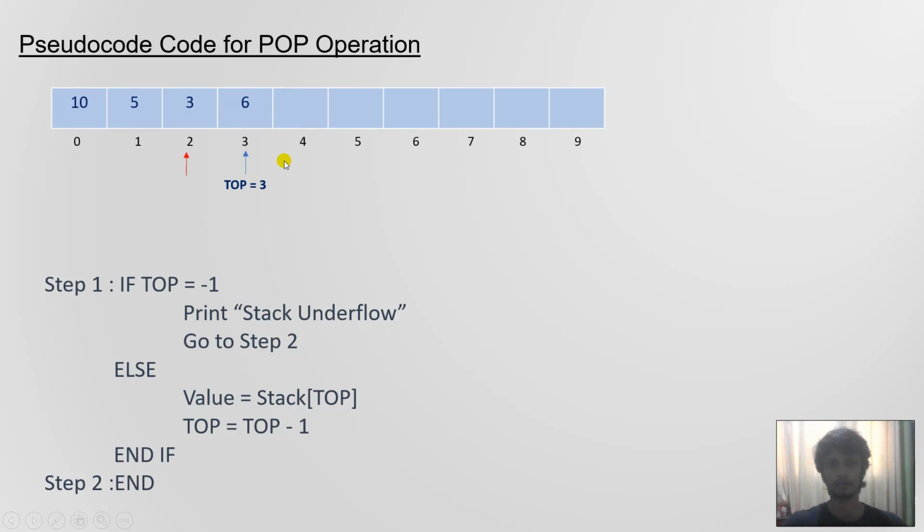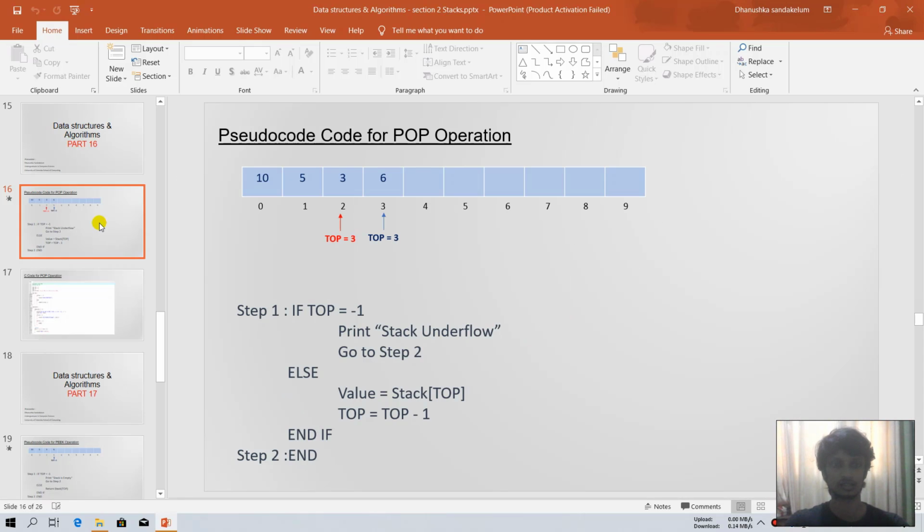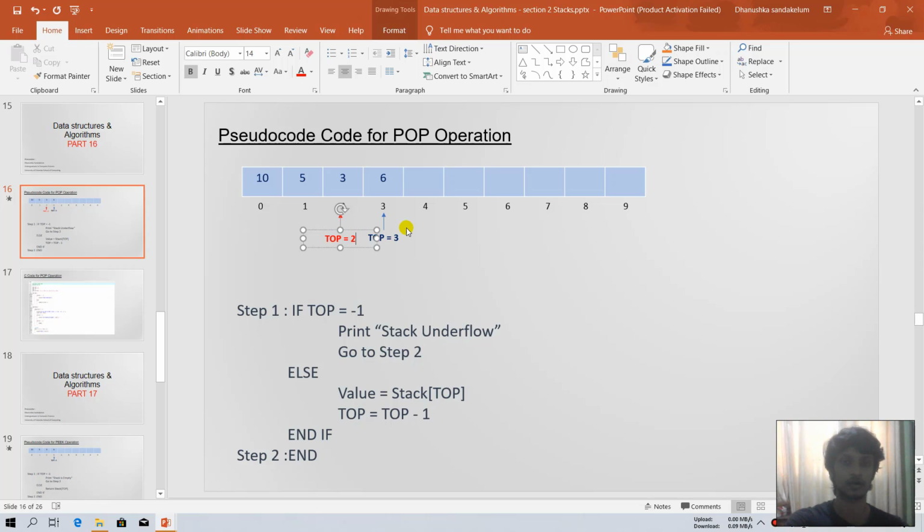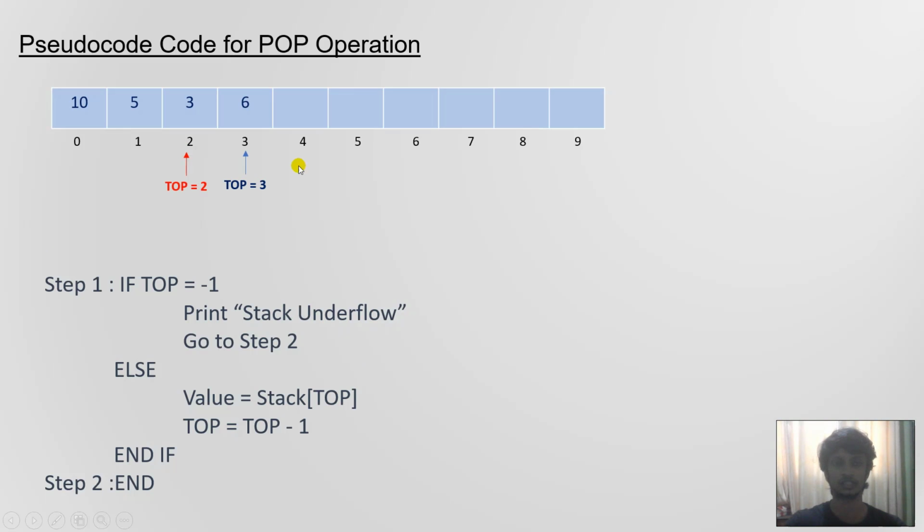If we perform a pop operation once, this element, 6, will be popped out, which means our stack should now be considered as only these 3 values, because we have just popped out one element. Therefore, the top will be decreased. So this is not 3, this will be 2.